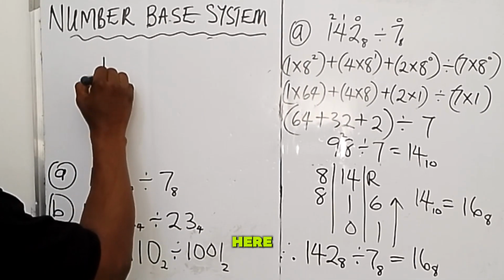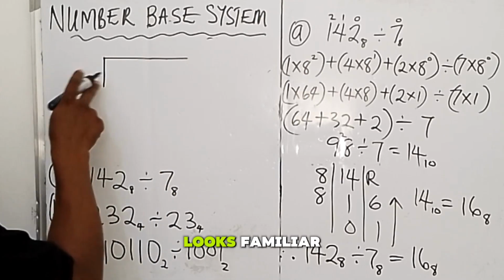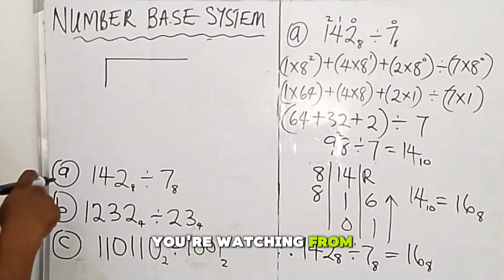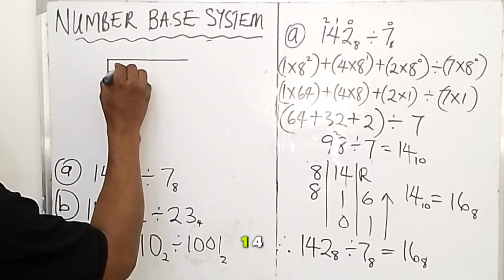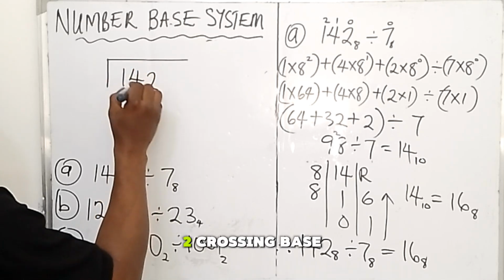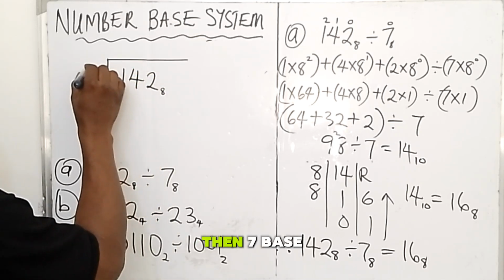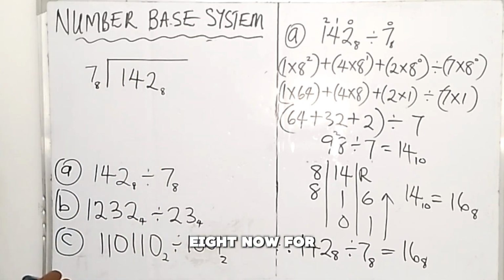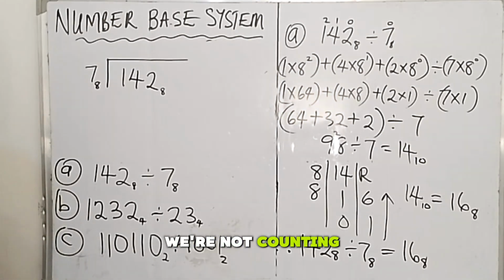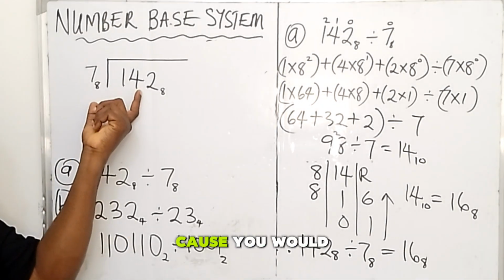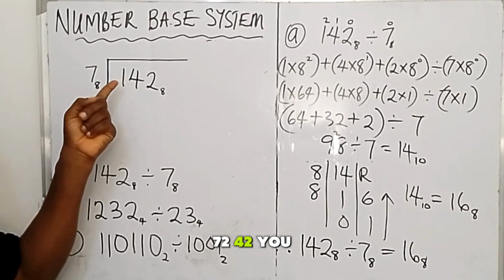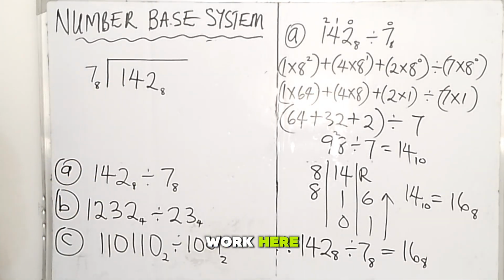I'm sure this looks familiar in whichever country you're watching from. So we have 142, of course in base 8, then 7 base 8. Now, we're not counting in base 10, mind you, because you would have said 7 into 14, 2. That won't work here. But watch this and learn.